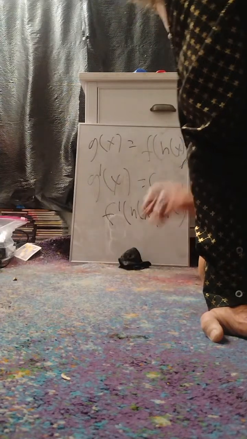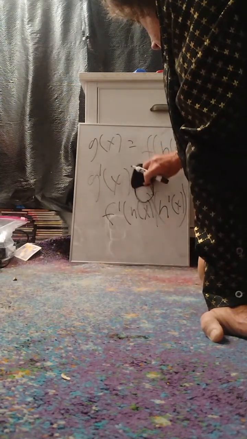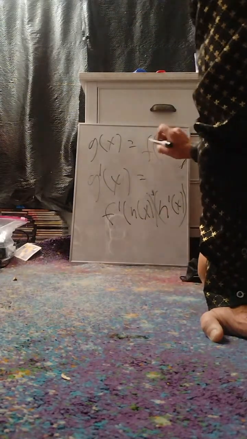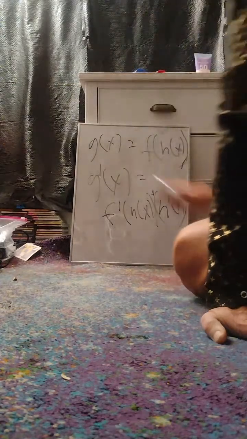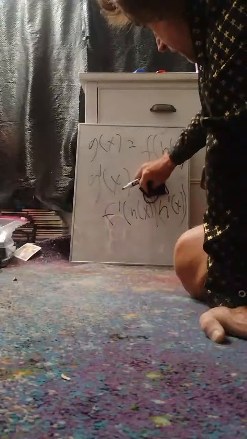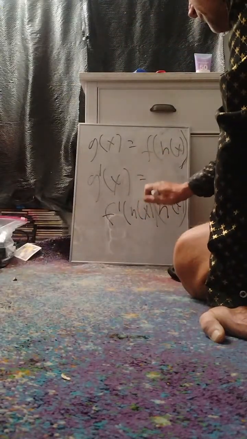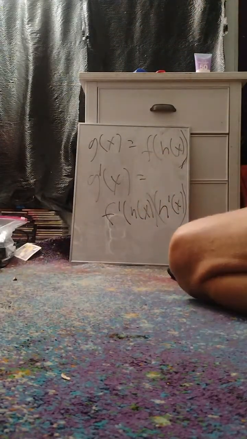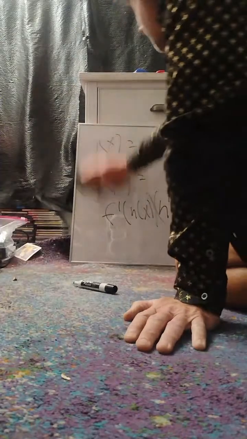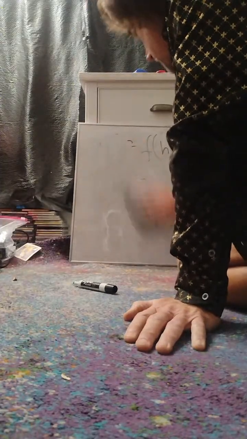So that's called the chain rule. If your first function is a function of a function, the derivative of the first function is the derivative of the outer function times the derivative of the function that is within the function. You kind of see that? So I'm going to give you that by example rather than just say what is he talking about.